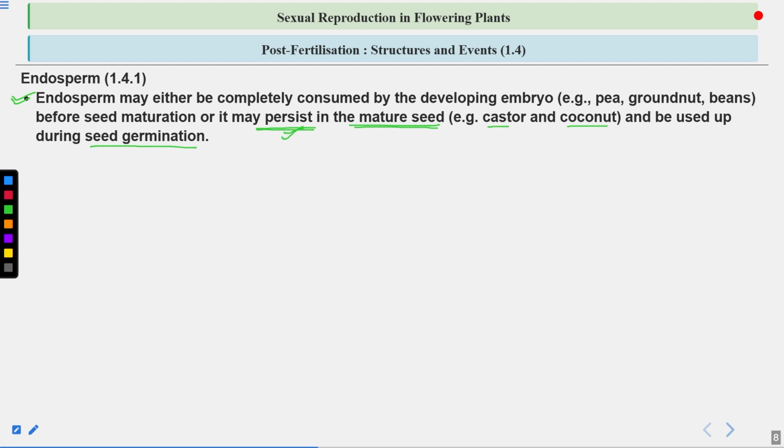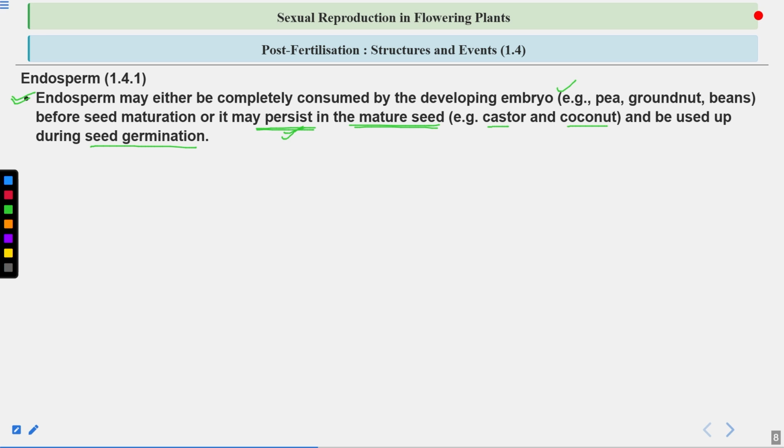No endosperm is left behind. In the second type, a part of the endosperm is consumed for the development of the embryo, as in castor and coconut, and a small part is left behind, which is used during the process of seed germination.